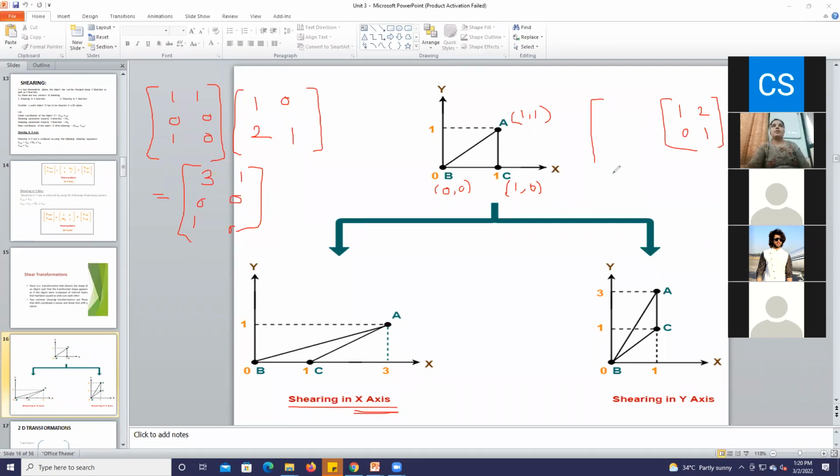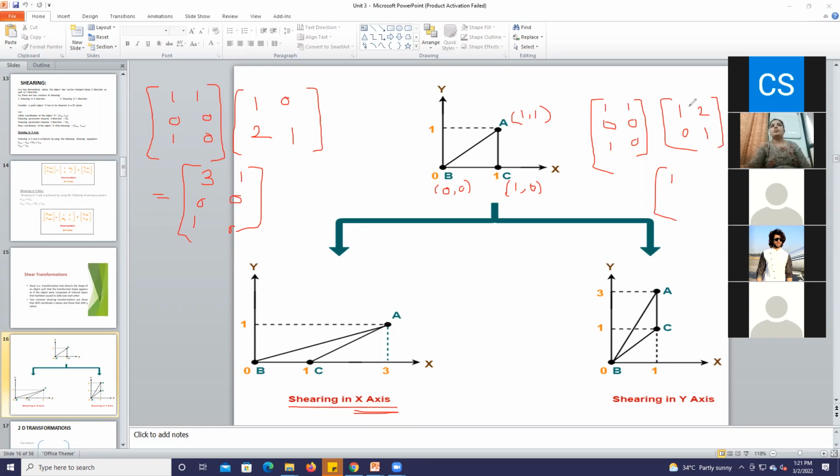And when I multiply my original triangle with this, so original triangle into our T matrix for shearing, then I will be getting the resultant as 1, 0, 1. Then 1, 1, 0 is okay.